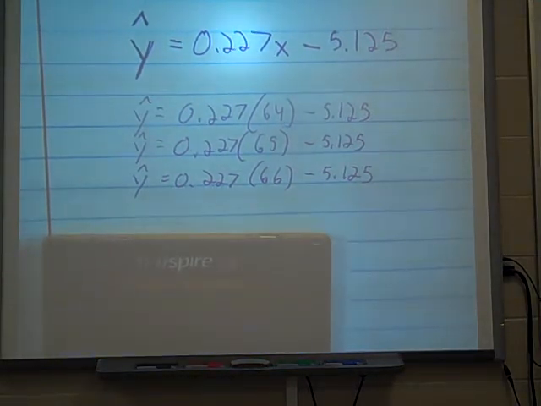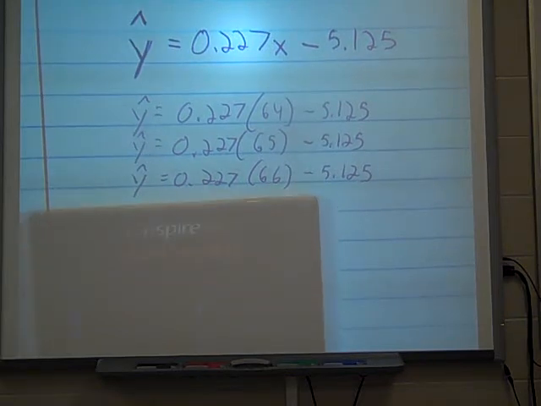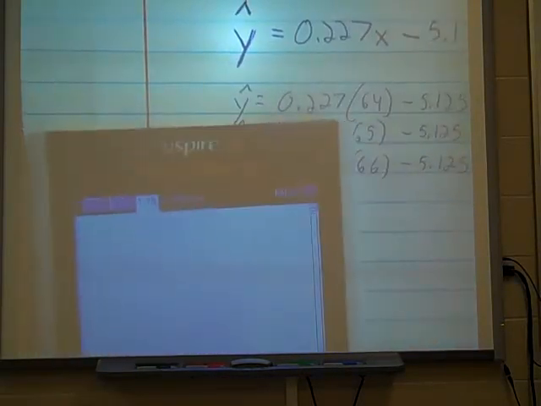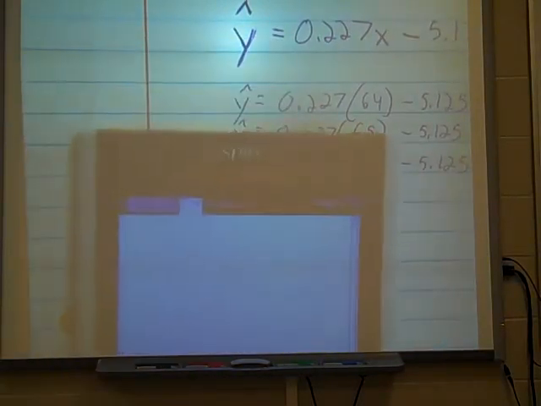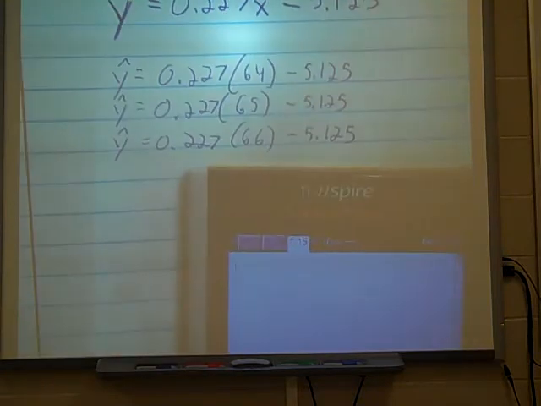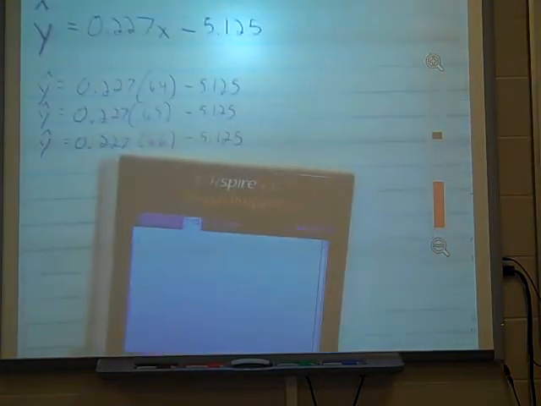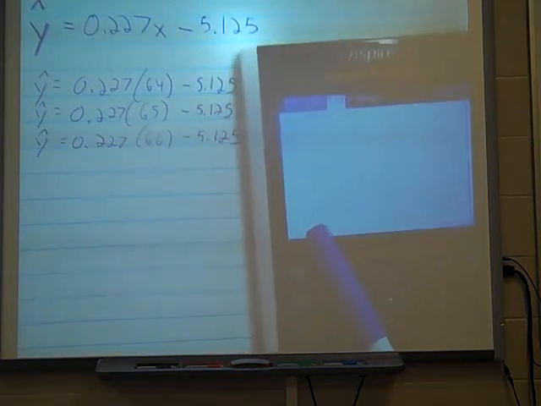So, you can just use a calculator. There's nothing wrong with that. No shame in that. Oops. Didn't get it to work. There we go. So, let's plug these bad boys in. I'm trying to see how I can, I have to zoom it out. So we can fit everything in there. That's a little better.